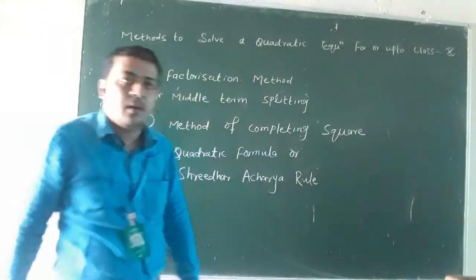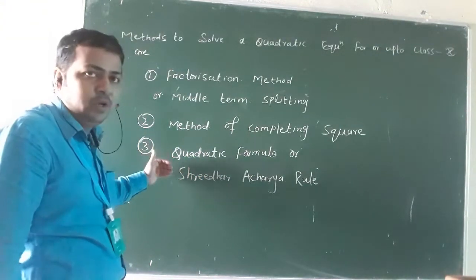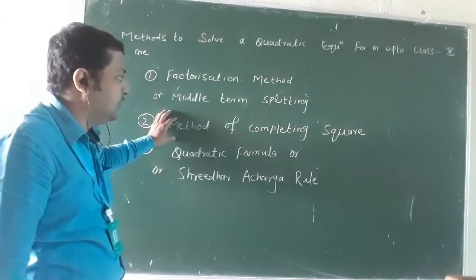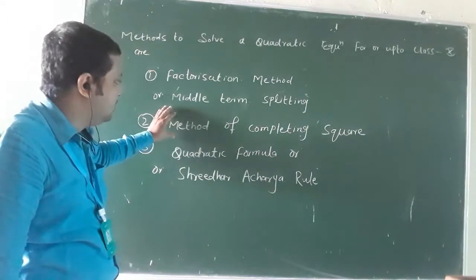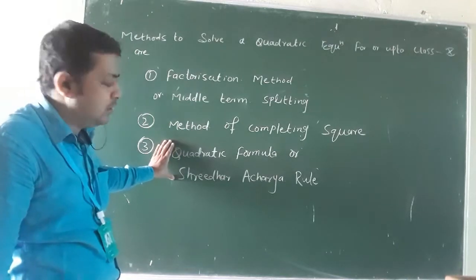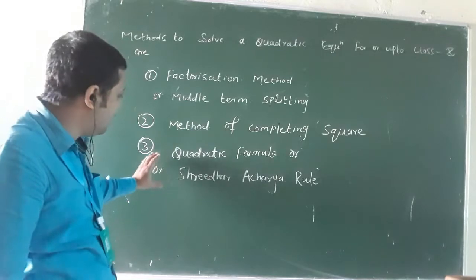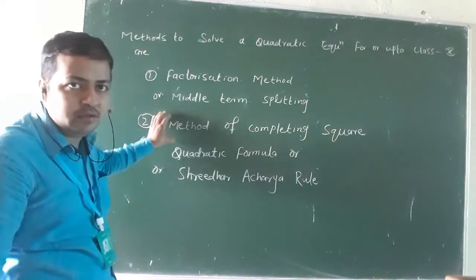Sridhar Acharya rule or quadratic formula is totally based on the method of completing a square. This is a traditional method and this is the upgraded model, or you can say this is the base model, this is the upgraded model.